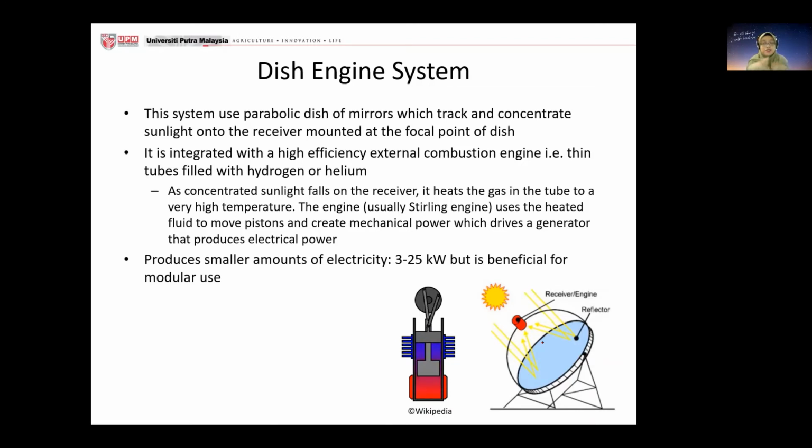As concentrated sunlight falls on the receiver, it heats the gas in the tube to a very high temperature. That very hot fluid is used to move the piston in this way. You can look here, it's hot, and this will drive the engine. So usually it uses Stirling engines for this kind of system.